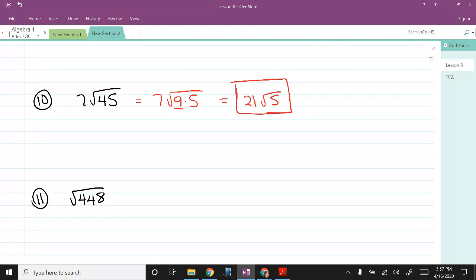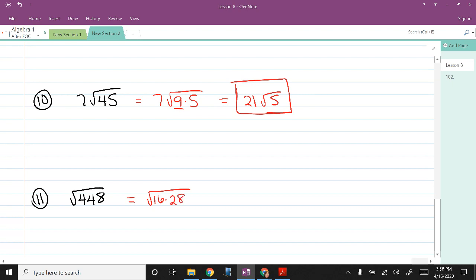Now, if you're smarter than me, you might already know the right perfect square that goes into that number, but I didn't. So I'm going to try 16, and I had 448 divided by 16 is 28. Okay, whole number. 16 times 28 is 448.